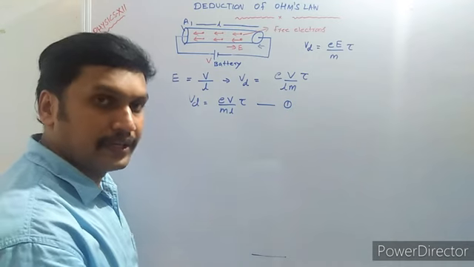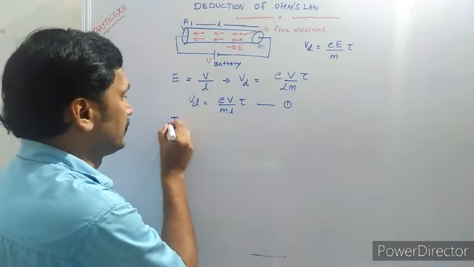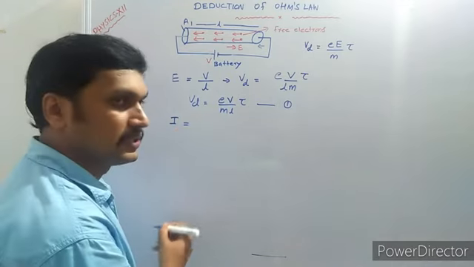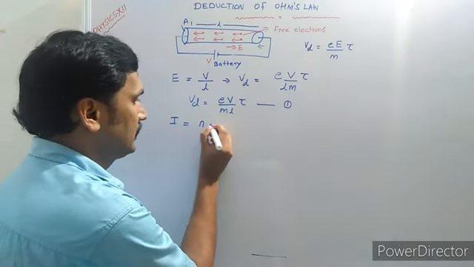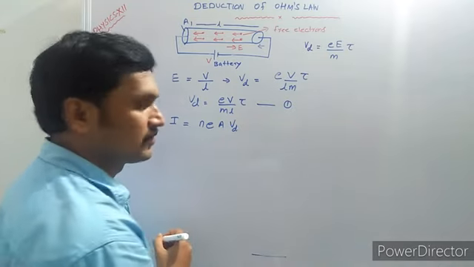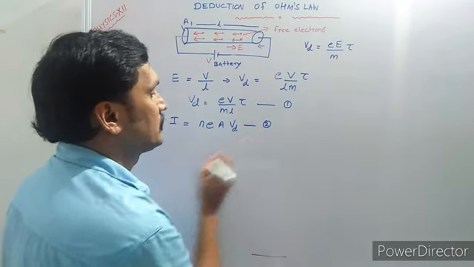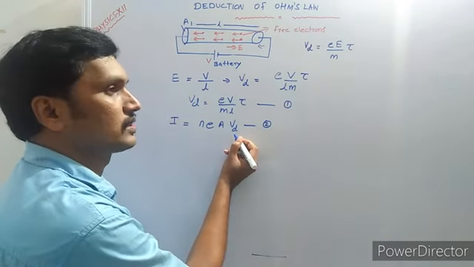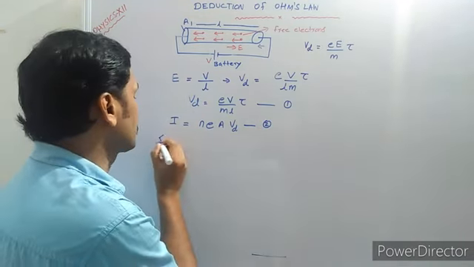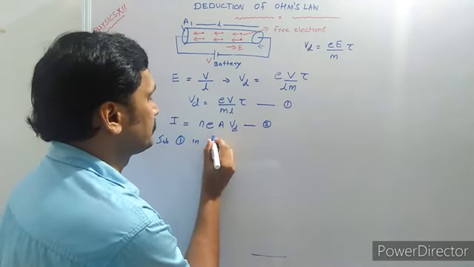And we already derived an expression for the electric current I in terms of drift velocity: I is equal to n e A into drift velocity. Now in equation 2, substitute the value of drift velocity, that is, substitute equation 1 in equation 2.